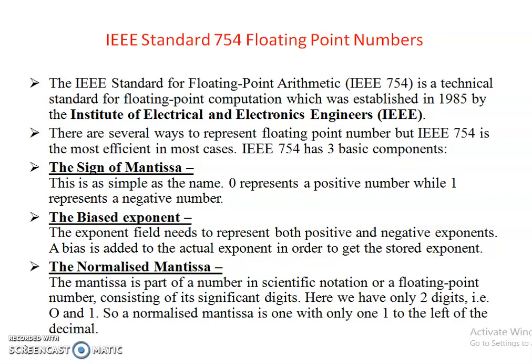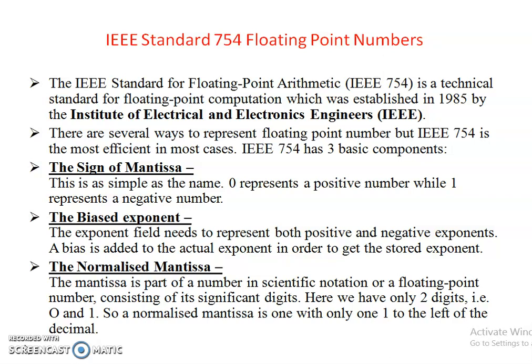So there are several ways to represent floating point numbers, but IEEE 754 is the most efficient in most cases. IEEE 754 has three basic components, that is the sign of mantissa, the base of exponent and the normalized mantissa.